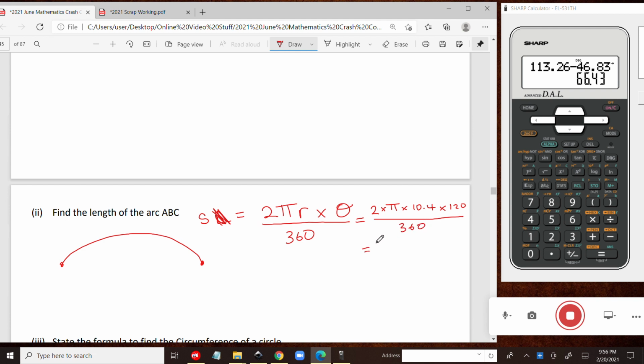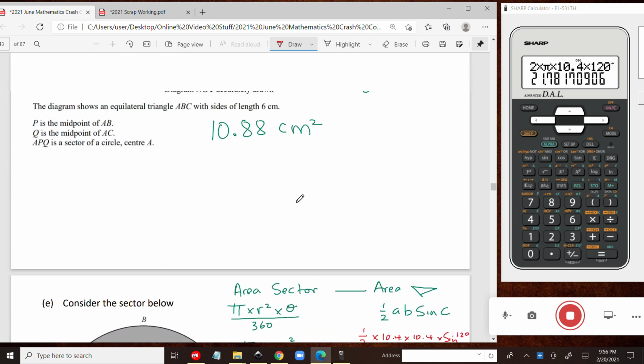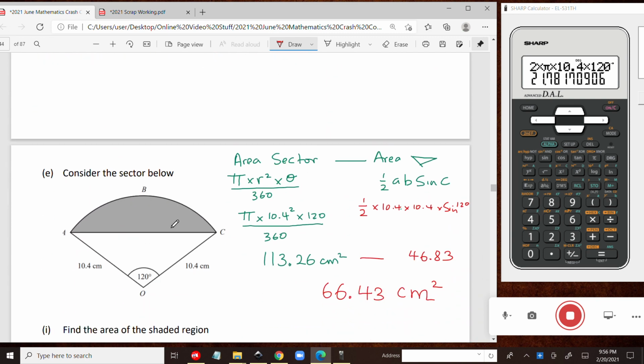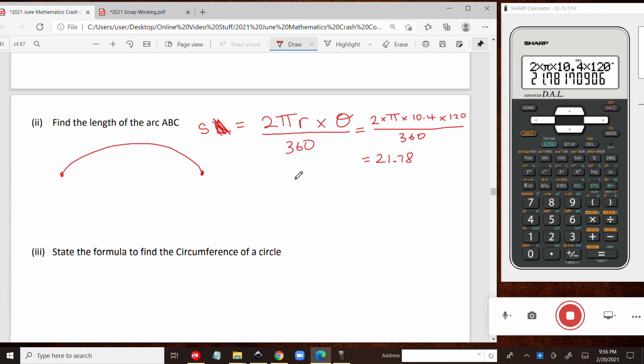Let's work that out. 2 by pi multiplied by 10.4 multiplied by 120 divided by 360. And I'm getting the length of the arc to be 21.78. So let me put it in on the diagram here. The length ABC is 21.78. Okay? Next part of the question.